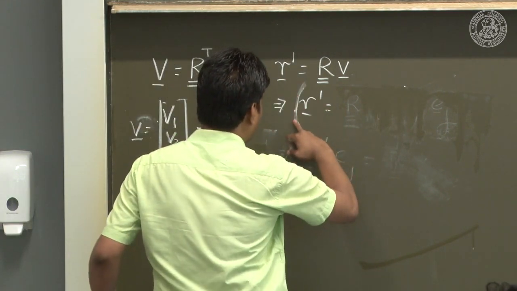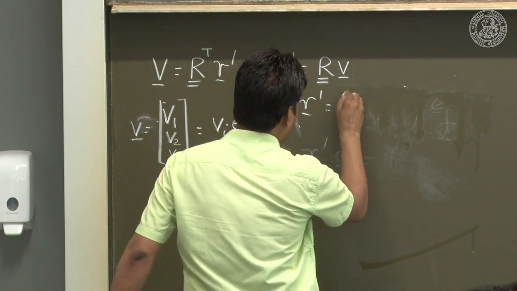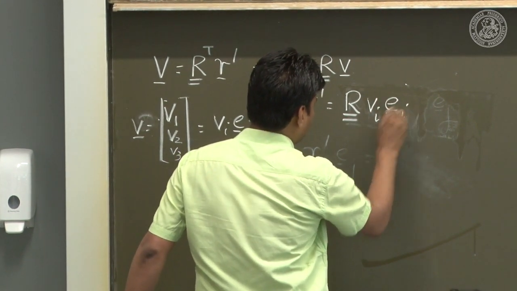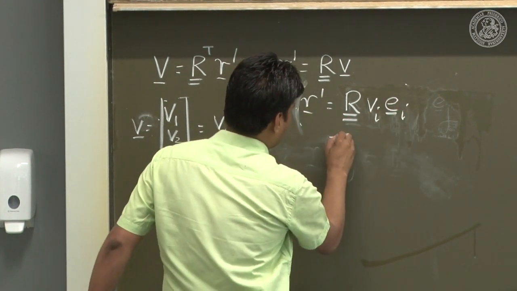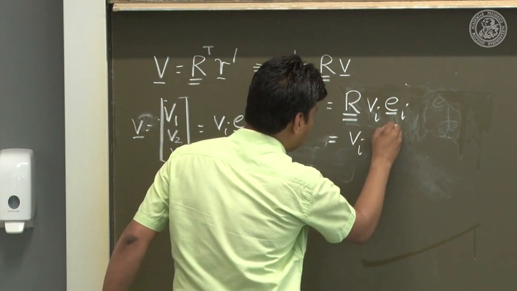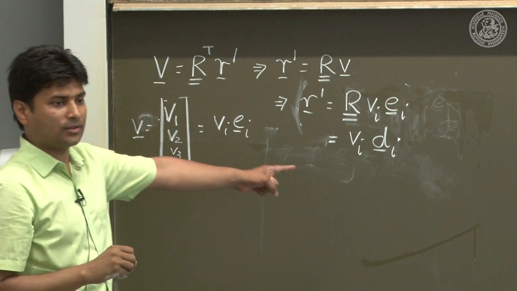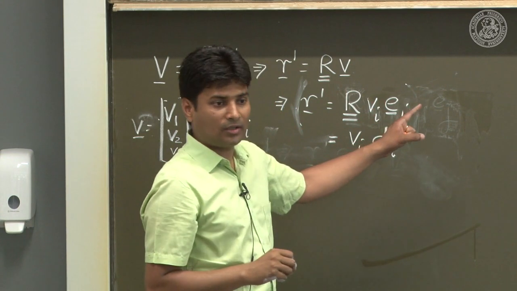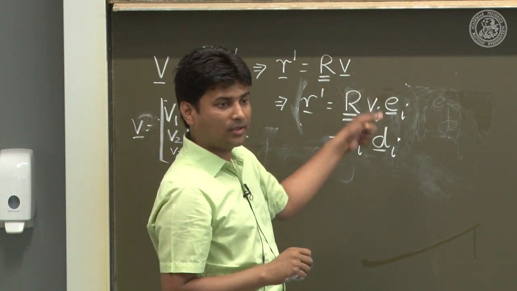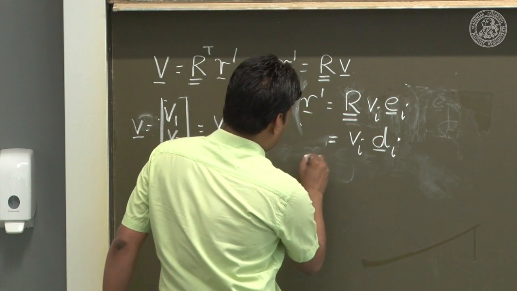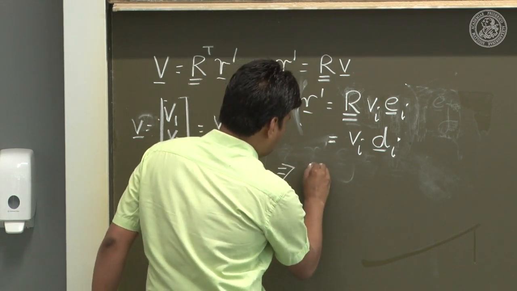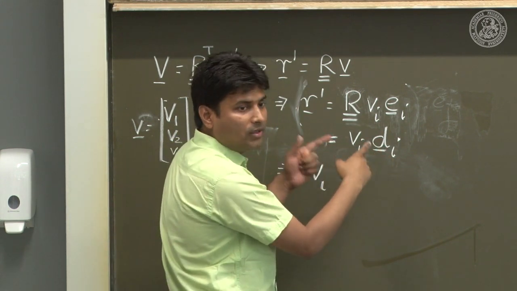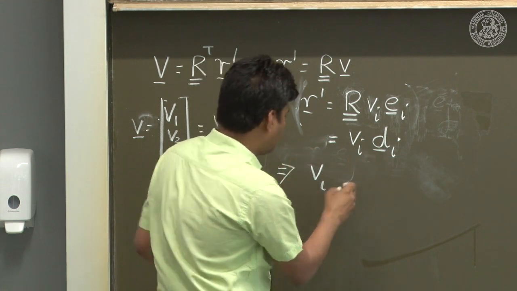Okay, so your r prime, I am writing it as big R Vi Ei, but this is also same as Vi di. See your directors, right? di is big R times Ei, the local basis directors, which would mean that your Vi, now you can take dot with dj for example, and you can show that.